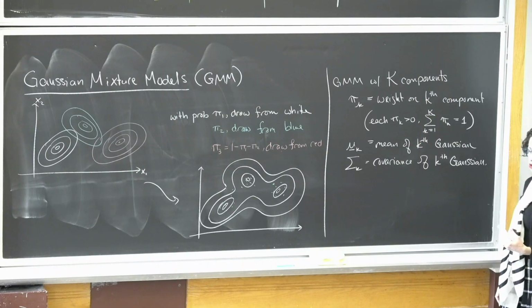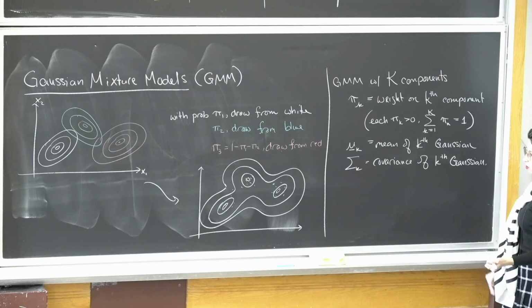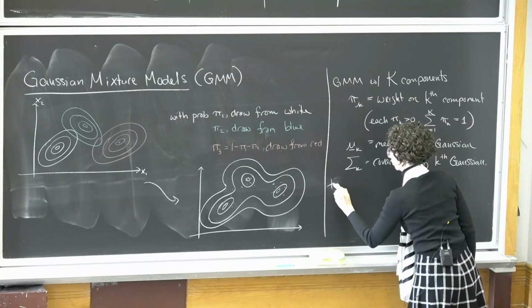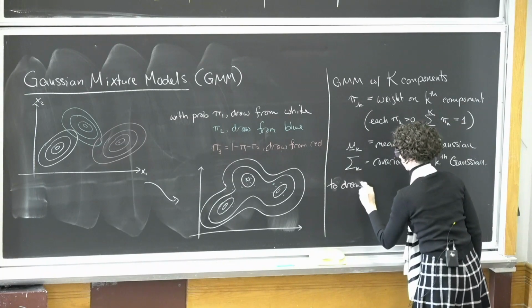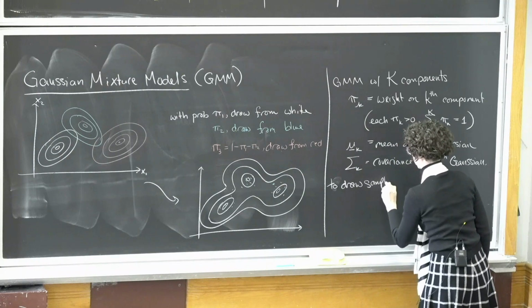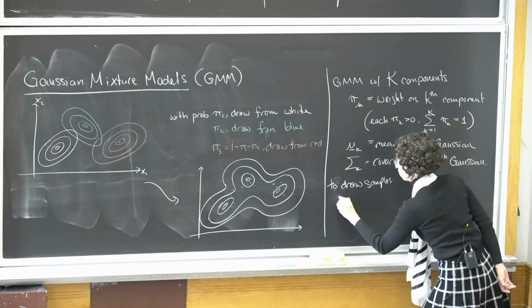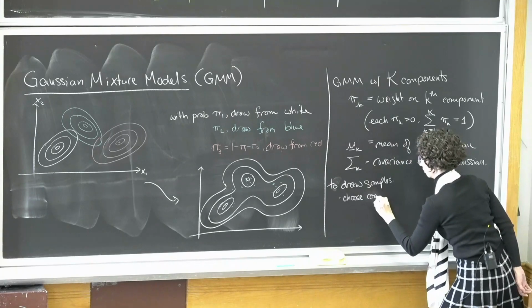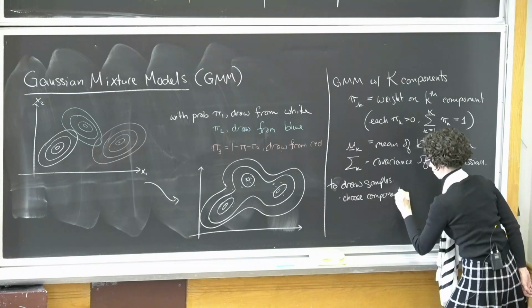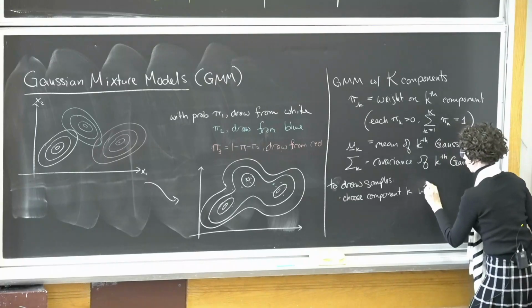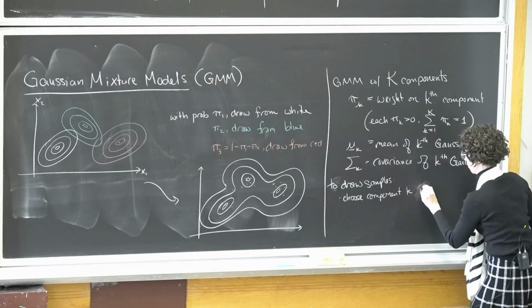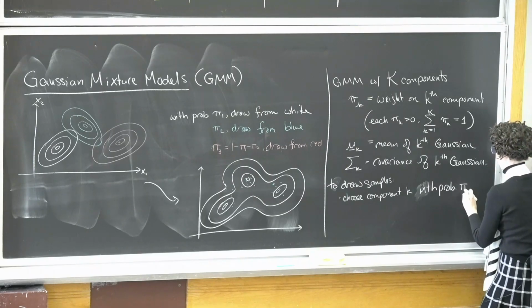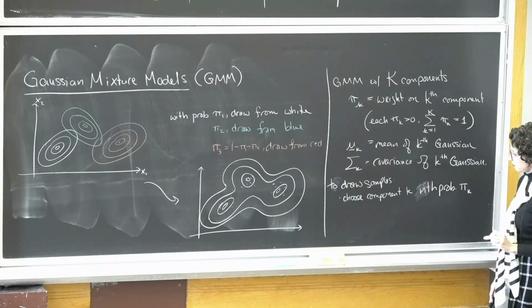And so now when we think about drawing samples from this distribution, what we would do is first choose a component k with probability pi sub k.